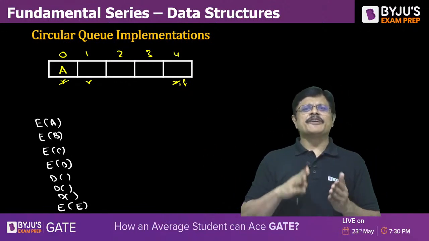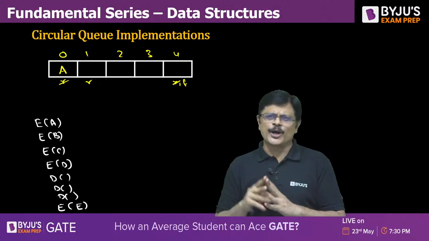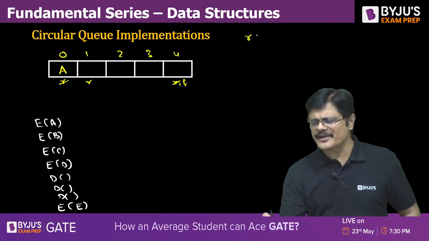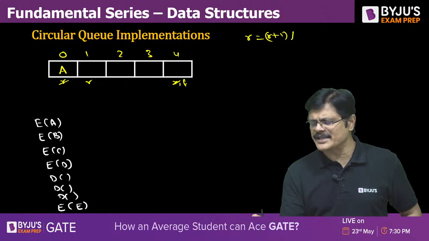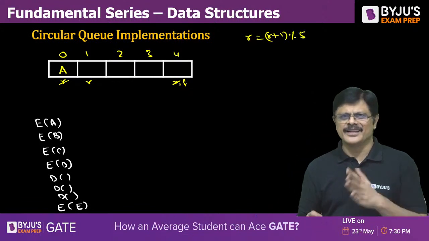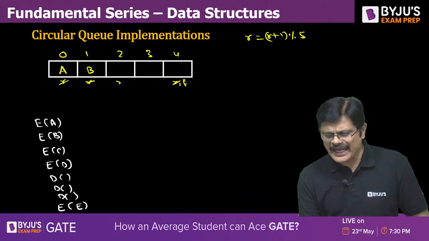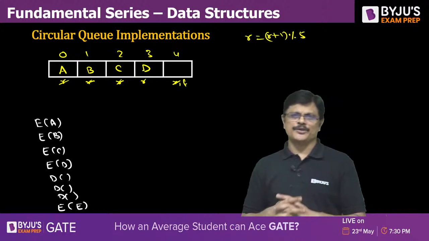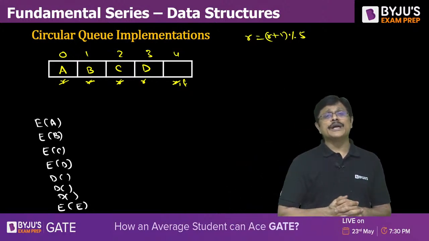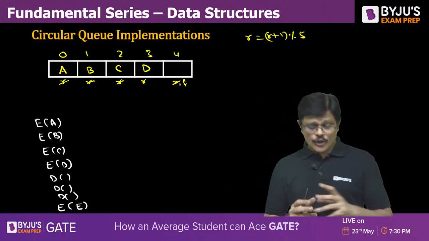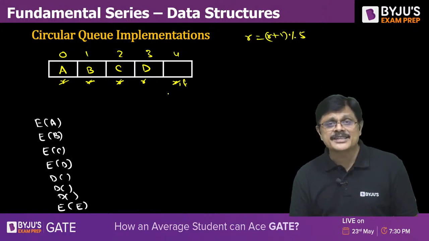If it is 5 or more, you have to do the modulo operation. Here you are doing rear equals rear plus 1 modulo the size of the array, which is 5. So B is NQ'd, then rear is incremented, C is NQ'd, rear is incremented, D is NQ'd. Now if you observe, you can't do any more NQ operation. So the queue full condition you can easily understand.